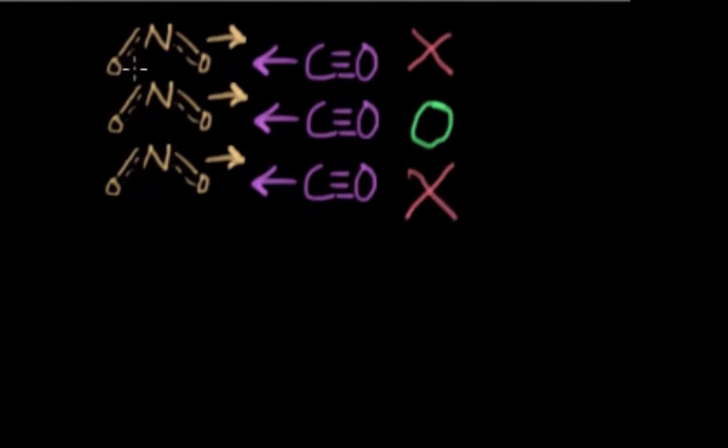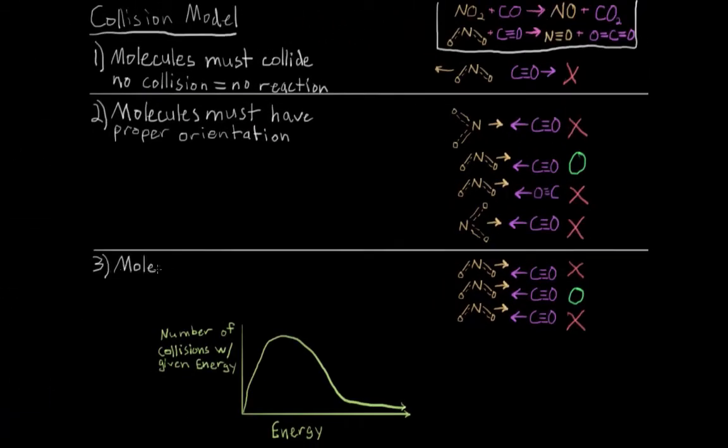So the reason for this is that the first and third collisions, or reactions, they don't have the correct amount of energy in order for the reaction to proceed forward, like I've drawn like this. Whereas the second one does have enough energy for our reaction to proceed forward. And this brings us to the third part of our collision model, which says that molecules must have enough energy to react. Now this energy that we're talking about is the kinetic energy of the molecules.